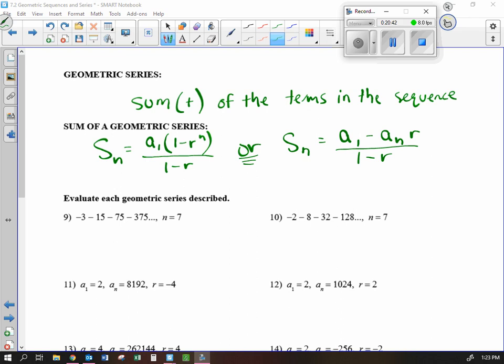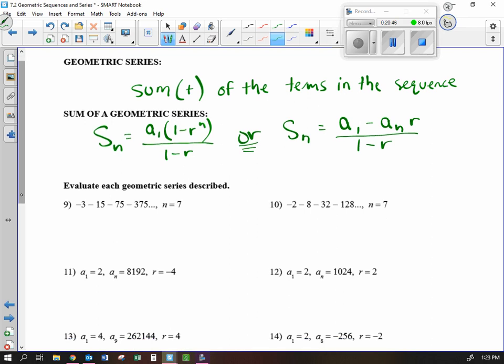I will tell you, we don't really have an option to choose here. Depending on what we're given in problems 9 through 16, that will determine which one we use. Clearly, the second one looks a little easier to use, and I would agree, but we have to be careful which one we use to find the sum of the geometric series.